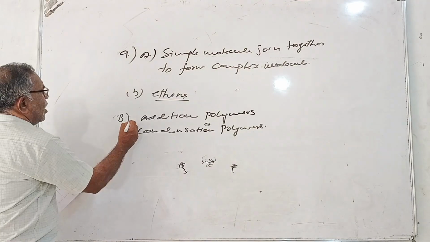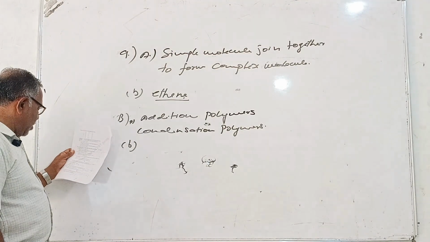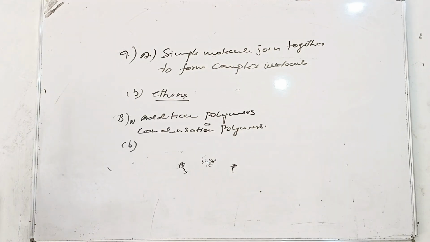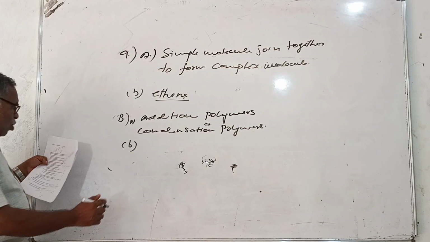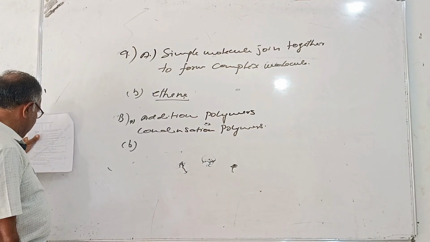Question B. What is the polymer of vinyl chloride? Vinyl chloride polymerizes to give polyvinyl chloride or PVC, an important plastic. The monomer of PVC is vinyl chloride.